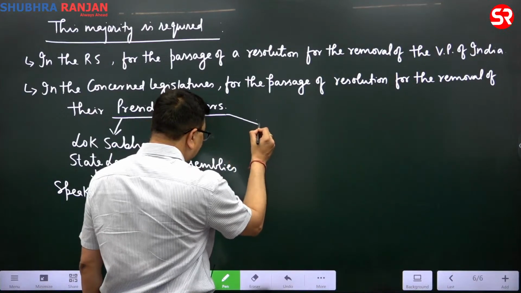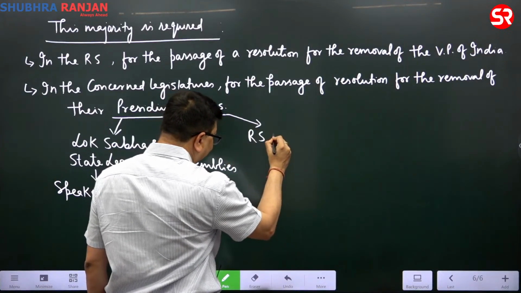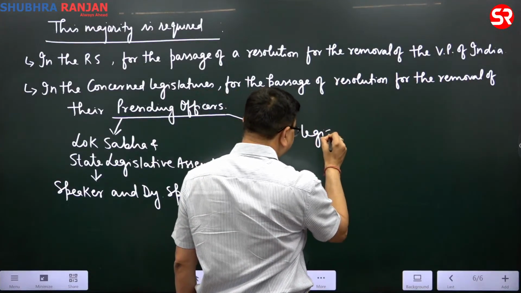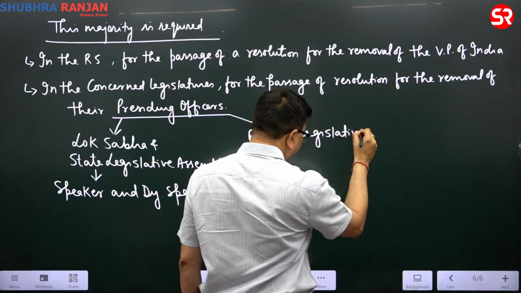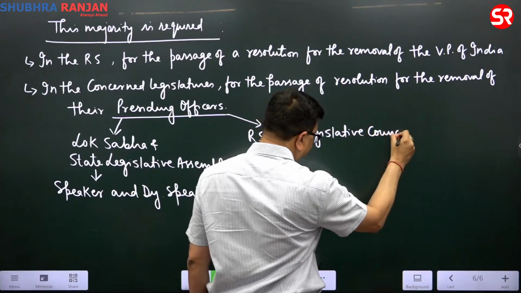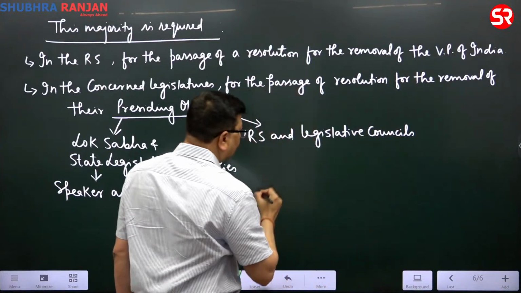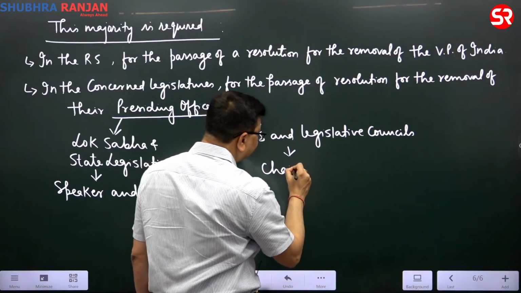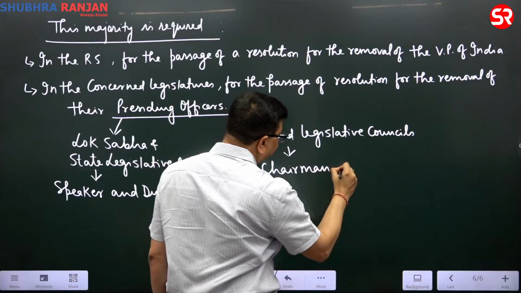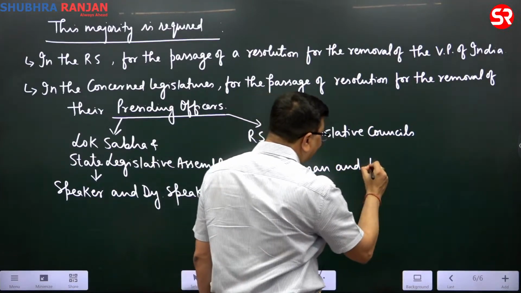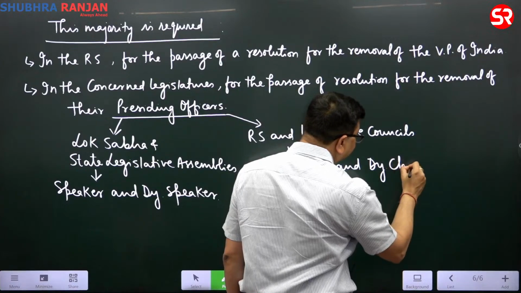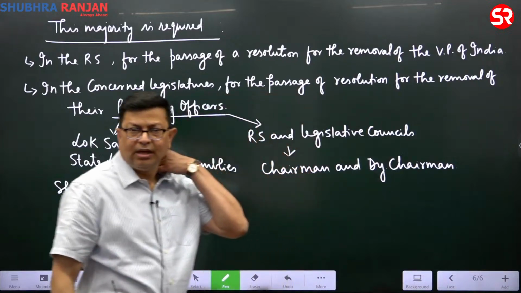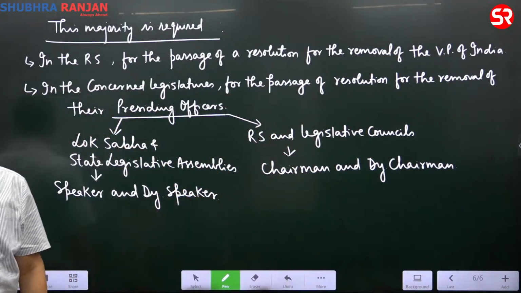And in case of Rajya Sabha and legislative councils, it is the chairman and deputy chairman. They are known as presiding officers.